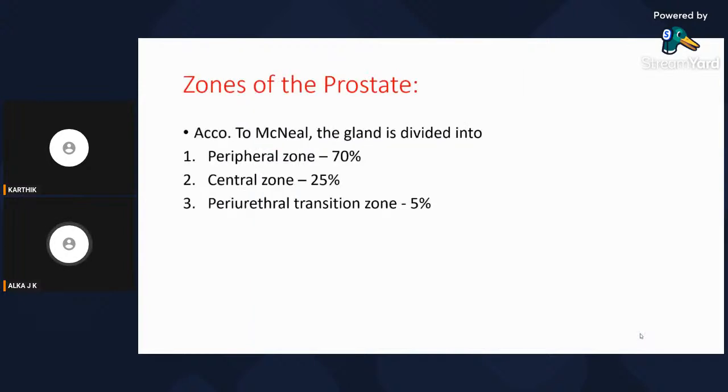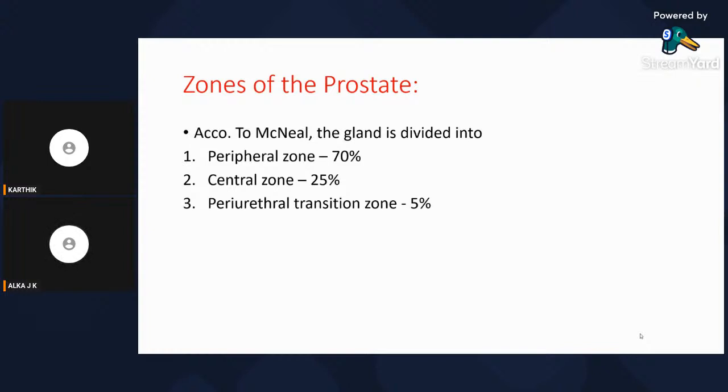The prostate is divided into zones. Only remember that the zones are there. The peripheral zone is 70%, the central zone is 25%, and the periurethral zone is 5%. The peripheral zone is formed by glandular tissue, and the central zone is also glandular, present posteriorly.